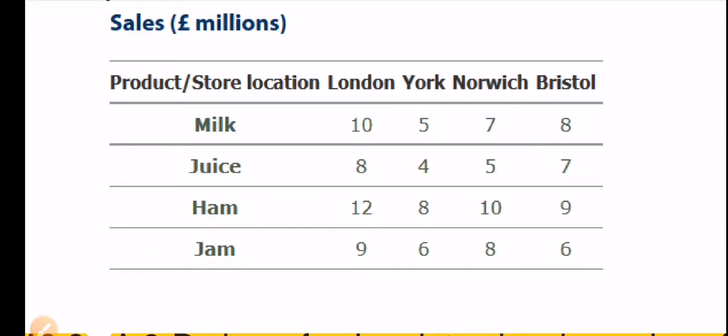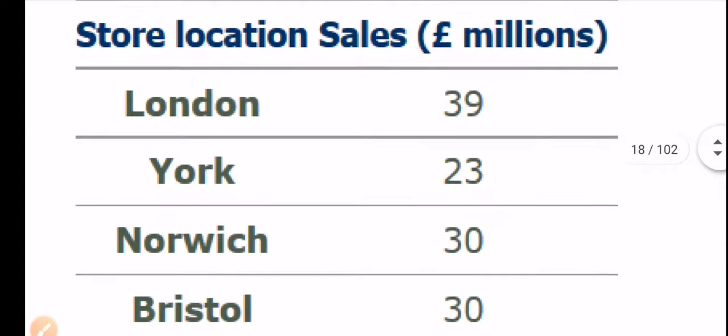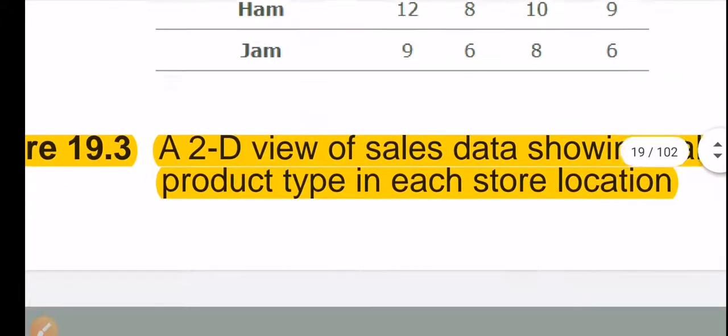If you sum them all, you will get 10 plus 8 plus 12 plus 9, which is 39. So this 39 means sales of all items in London. If we go back, we can see here for London, sales is 39 million.